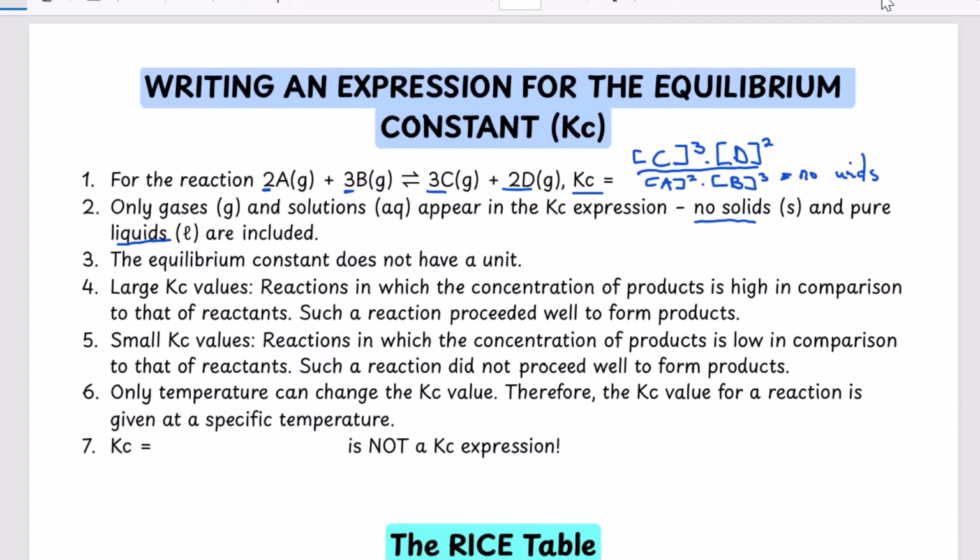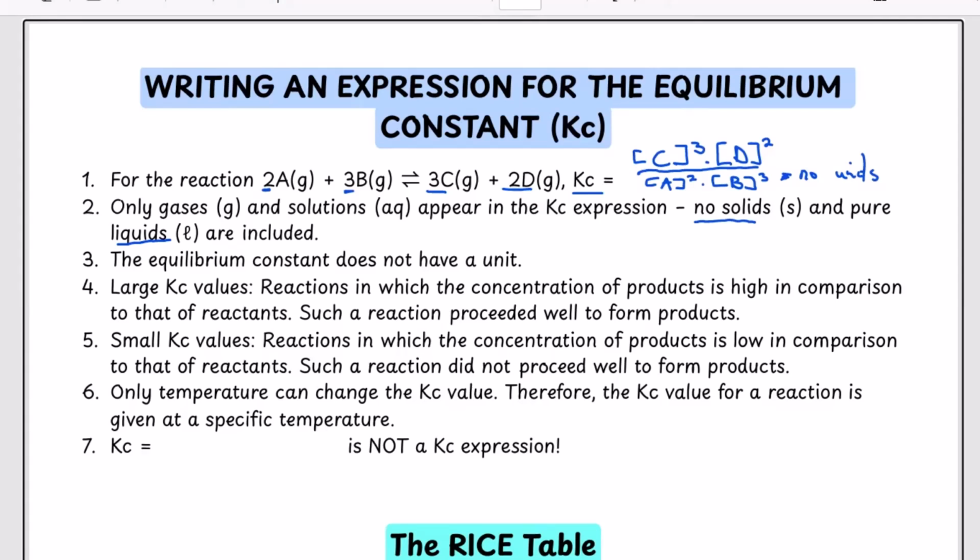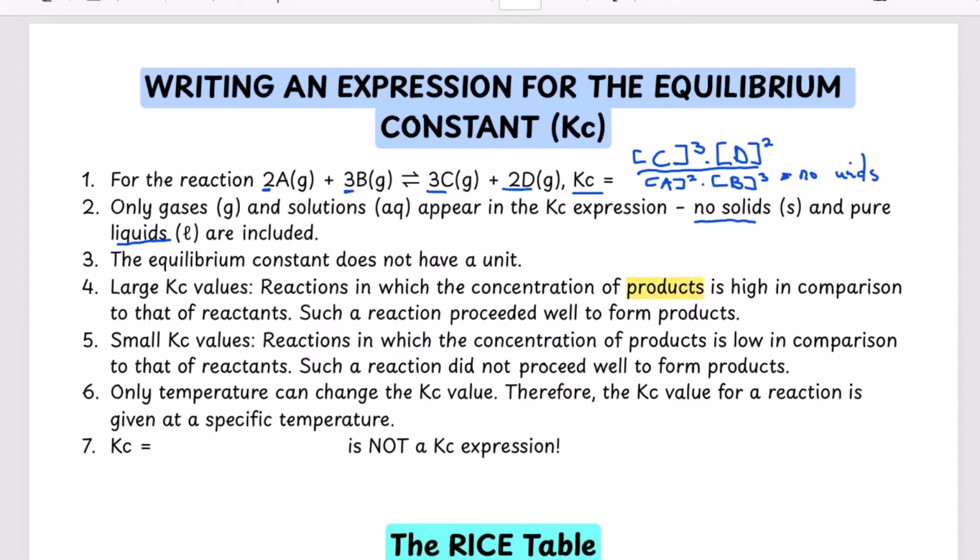Then number four, the larger the Kc value, the reactions in which the concentration of products is high in comparison to that of reactants. Such a reaction proceeds well to form a product. So in this case, we are going to have more products. Why is that so? It is so because remember, we're dividing the concentration of the products by the concentration of the reactants.